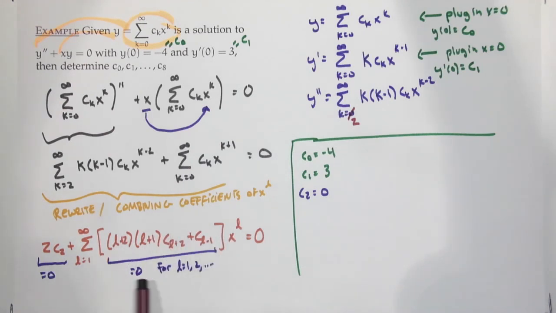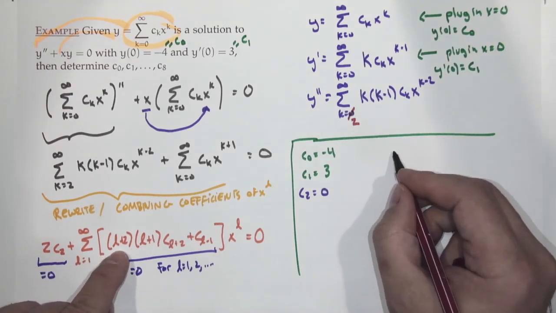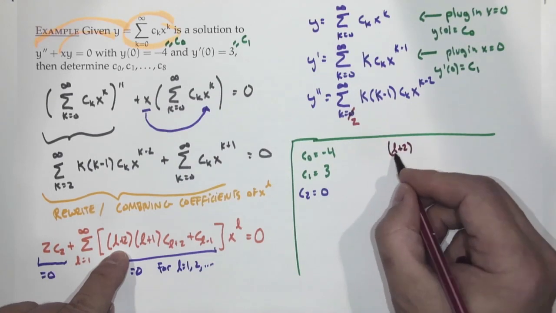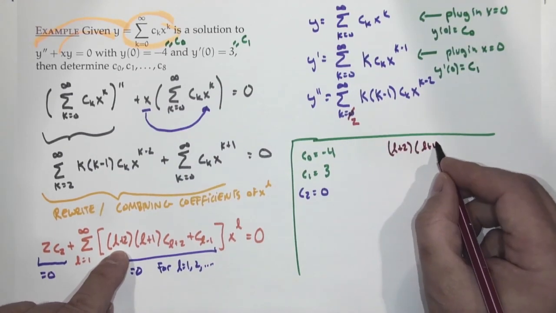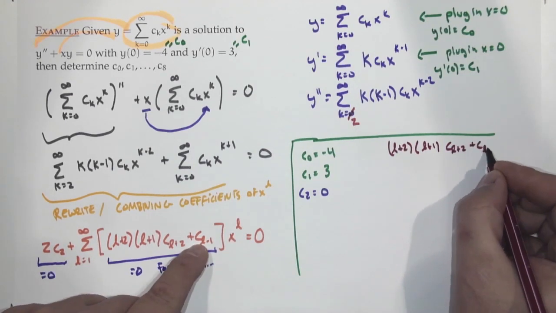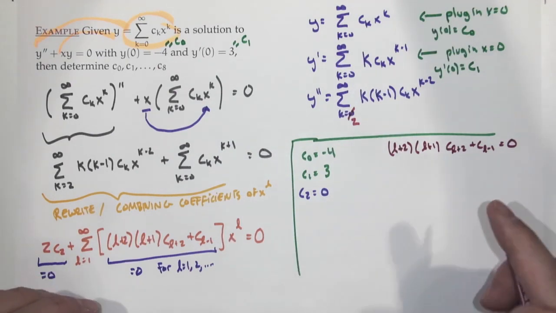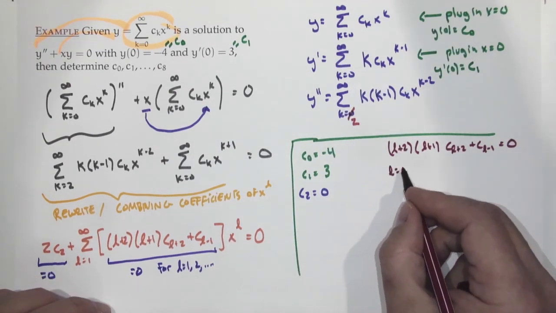Now, we come here. Okay, plug in L equals 1. What does this tell us? L equals 1. So I'm going to recopy this down. (L plus 2)(L plus 1)C_{L plus 2} plus C_{L minus 1} has to equal 0. That's the conclusion. And plug in L equals 1.